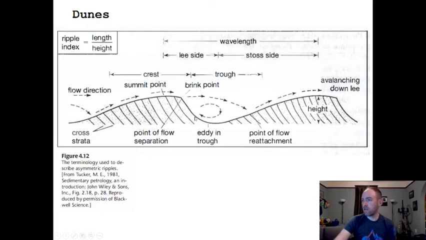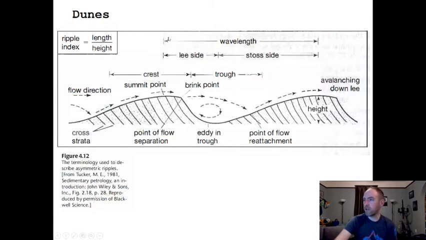The front or the face of the dune, this avalanche face here, you'll often hear referred to as the avalanche face. That's the lee side, right, or the downwind side or the downflow side of the dune. And then this upflow side of the dune here, where sediment is being removed from, is called the stoss side, okay?